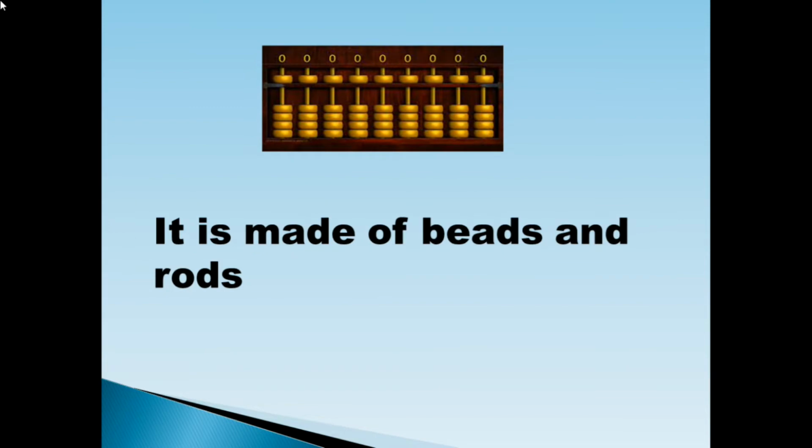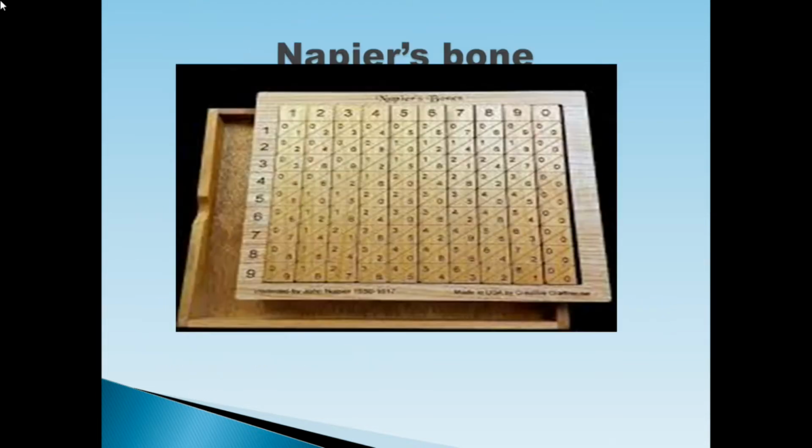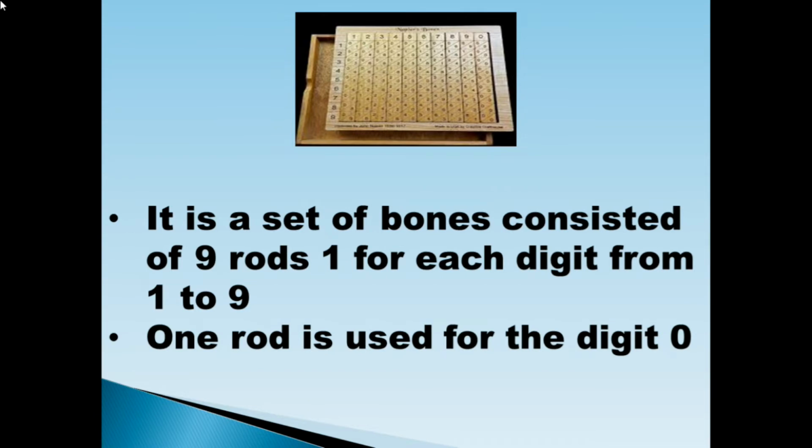It is made of beads and rods, and it is mainly used for addition, subtraction, multiplication and division. Next is Napier's bones, invented by John Napier, a Scottish mathematician. It is a set of rods, nine rods, one for each digit from 1 to 9, and one rod used for the digit 0.